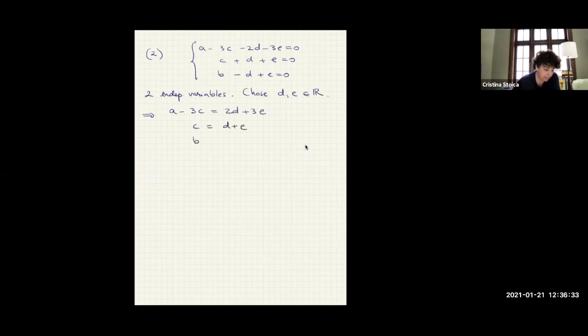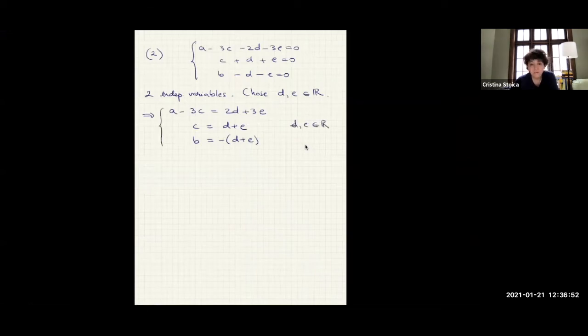And then I'll have B equals, here is a minus actually, right? Yep, minus D plus E, where D and E, I repeat, can be whatever they want.